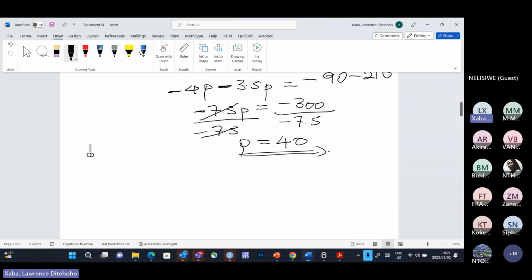But remember, we have the functions of demand and supply.